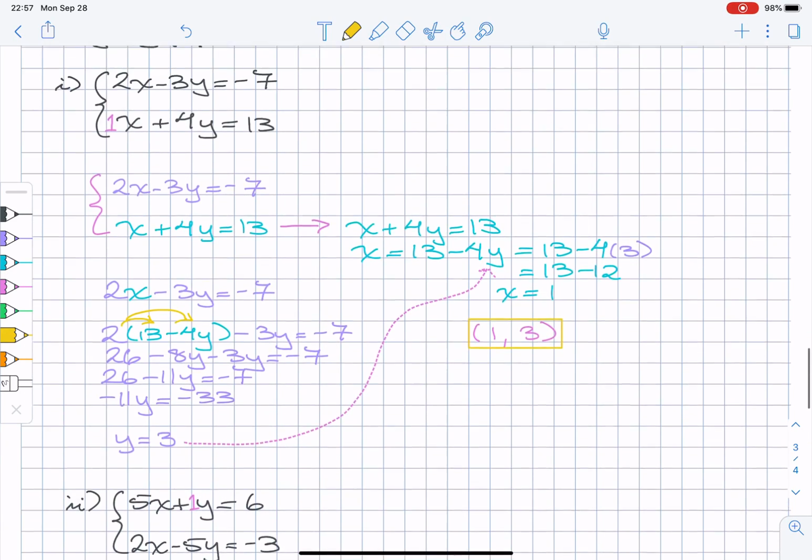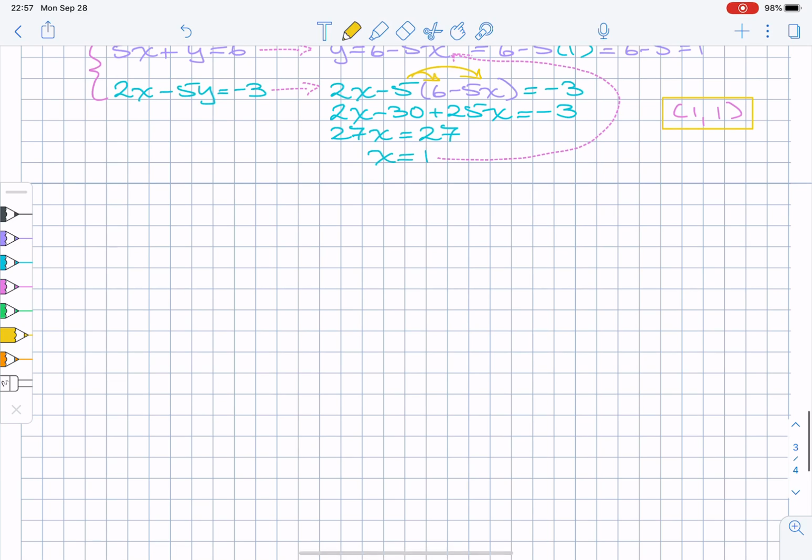Okay, so far so good. Hopefully this is making sense. Let's do some more. So number 3. Let's do, I don't know, what should we do? How about x minus 4y is equal to 11, and negative 3x minus 12y is equal to negative 11.